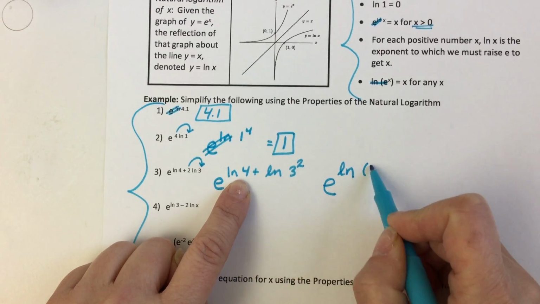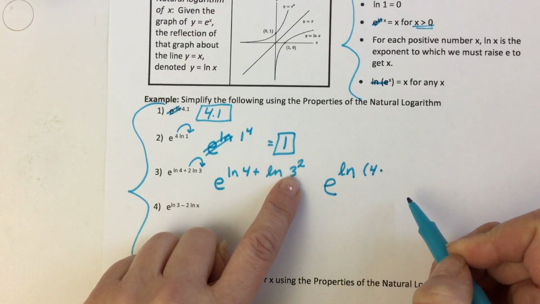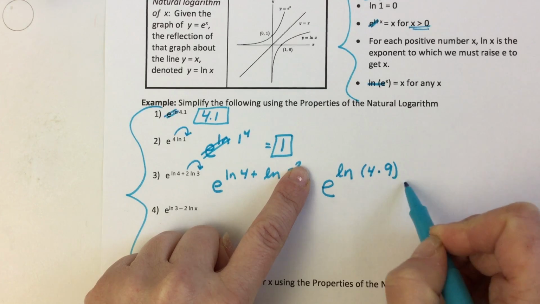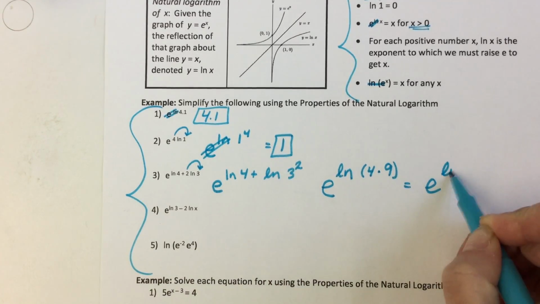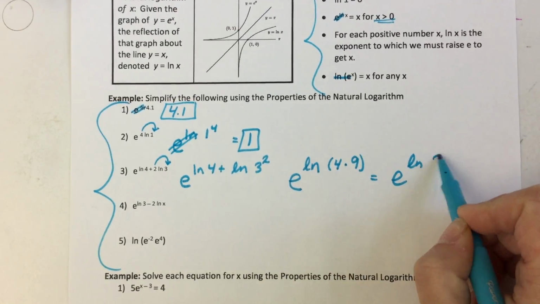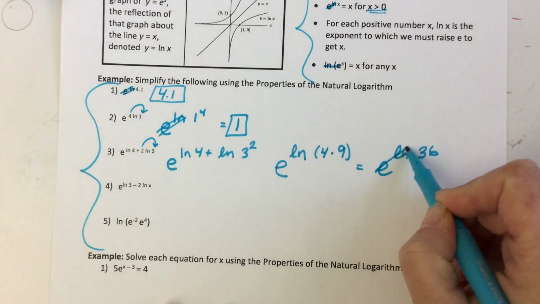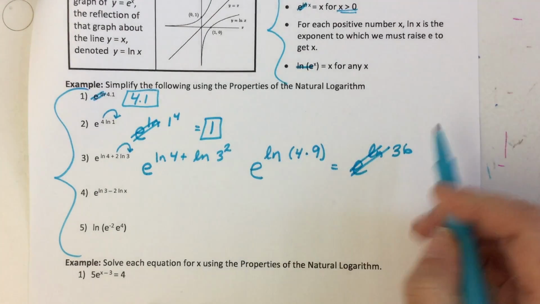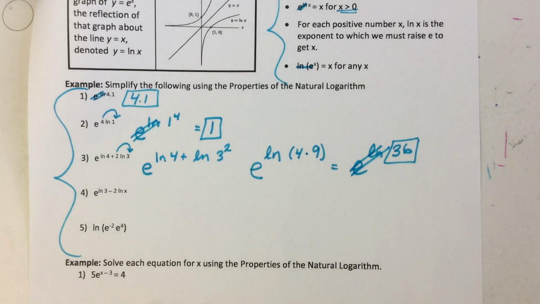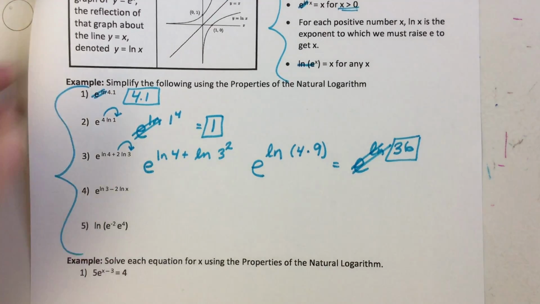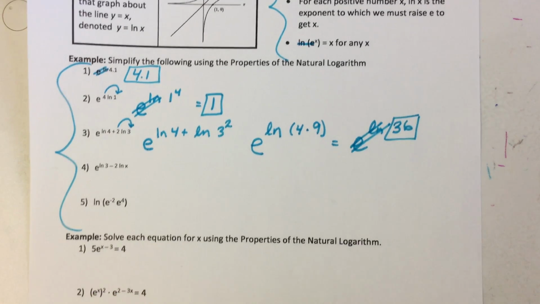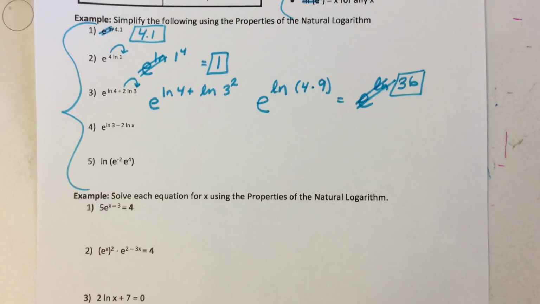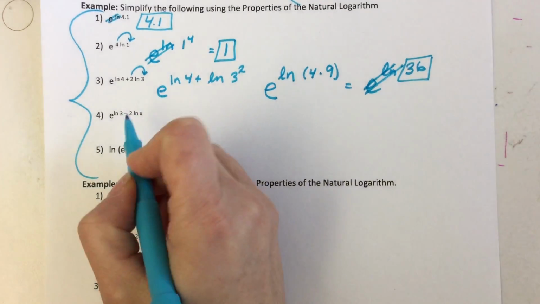Adding goes with multiplying, so I would take 4 times 3 squared, which is 9. So that gets me to e to the natural log of 4 times 9, which is 36. E to the natural log cancels because they're next to each other. Your answer here is just 36. So it's being able to use all of those exponent properties that we've been looking at so far in this chapter.